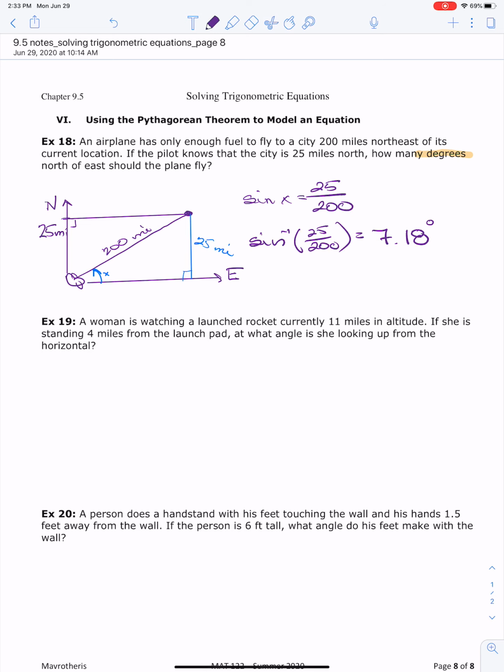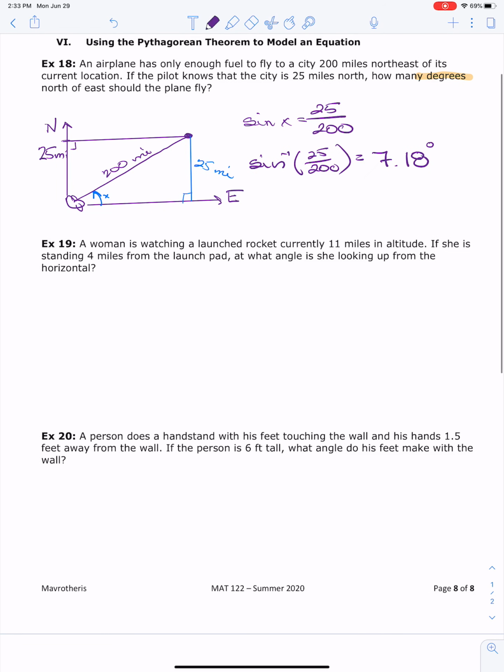Okay. Example 19. A woman is watching a launched rocket, currently 11 miles in altitude. So let's go. Here's my 11 miles. Here's my rocket. Good enough. And she is 4 miles away.